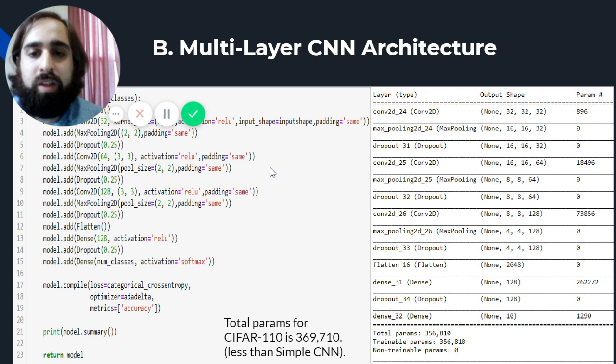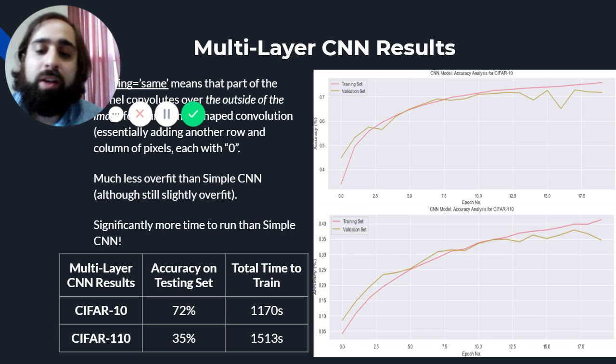Cool. Multi-layer, I did 3 convolutional layers, as I had mentioned before. It's more complex than the simple CNN, so the training times are significantly longer. Now it's over 20 minutes for CIFAR 110. At least this model is significantly less overfit.